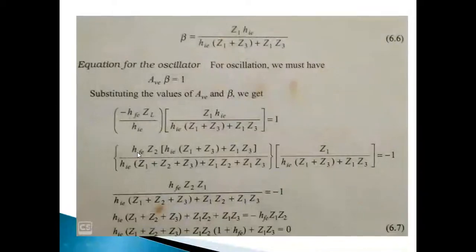We have the equation as HFE Z2 into HIE Z1 plus Z3 plus Z1 Z3 by HIE into Z1 plus Z2 plus Z3 plus Z1 Z2 plus Z1 Z3, into Z1 by HIE into Z1 plus Z3 plus Z1 Z3, is equal to 1. HIE will cancel, these two terms are cancelled, and we have the final equation like this.